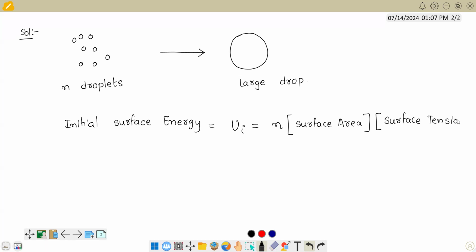This is the formula for the surface energy of a drop due to surface tension. Since it's a sphere, we can assume droplets are like spheres. Even though I have represented them like bubbles, they are technically droplets. So U initial is n into surface area, which is 4 pi small r square, into surface tension T. So this would be the initial energy.